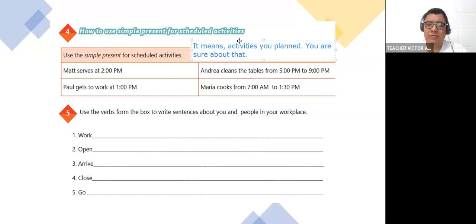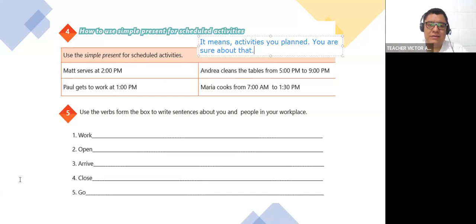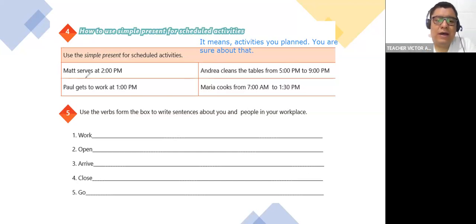Just to give you some examples here, it says Matt serves at 2 p.m. Paul gets to work at 1 p.m. Andrea cleans the tables from 5 p.m. to 9 p.m. Maria cooks from 7 a.m. to 1:30 p.m. Now, I need you to pay attention here, guys, that we're using these verbs in this form.